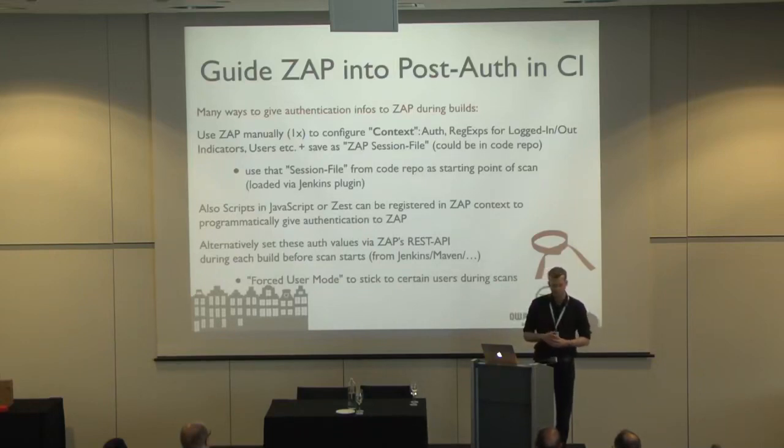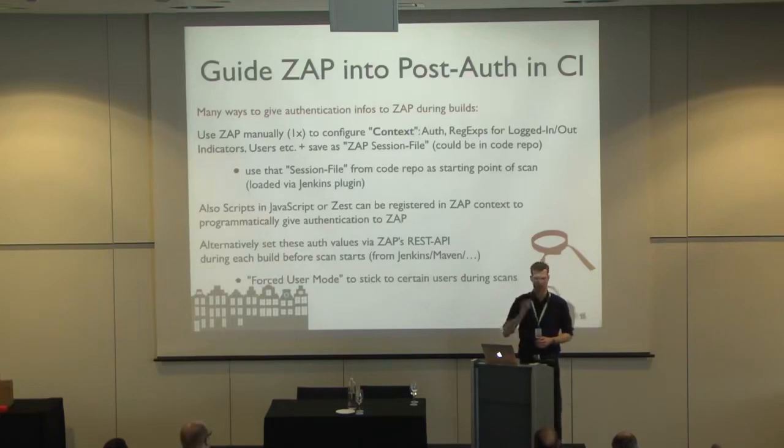So the idea would be, in order to automate all this stuff, to use the ZAP UI one time initially, manually, open it up, and browse a little bit in the application so that it gets to the login, and then you can define in the context configuration of the default context your authentication method.